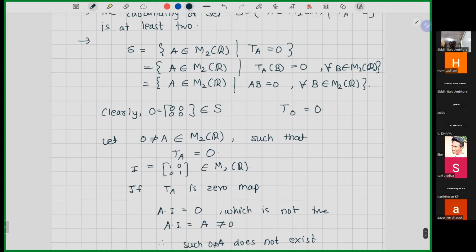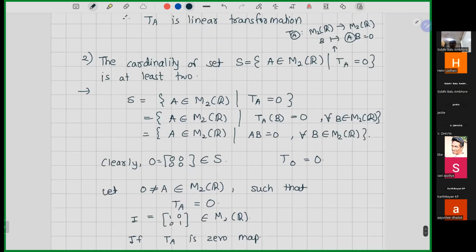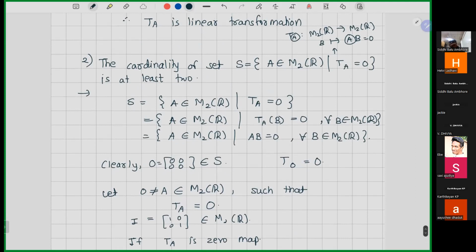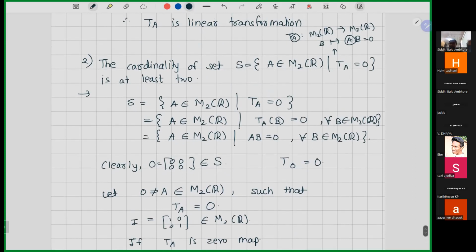They're asking us which matrices will give me the zero transformation if I define the corresponding linear transformation TA. Any doubts? I know this statement is a bit confusing because now I'm talking about this set S, but I'm looking for the matrices which give me the zero transformation in general.